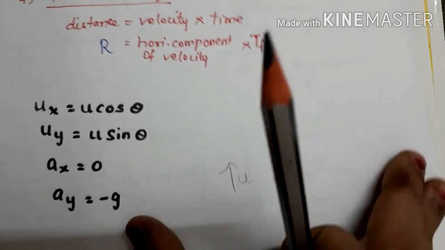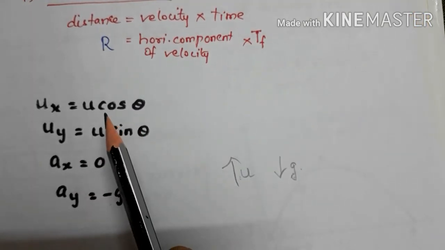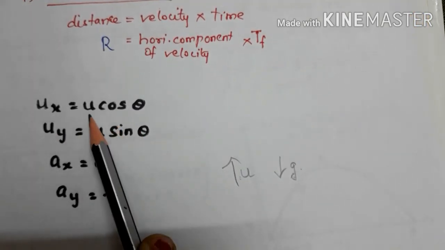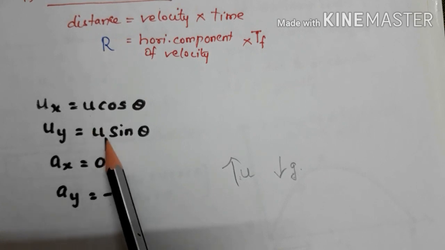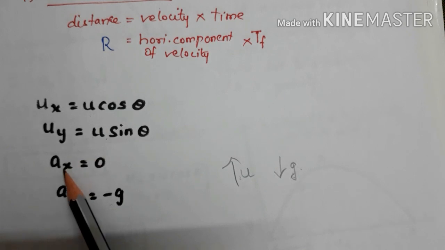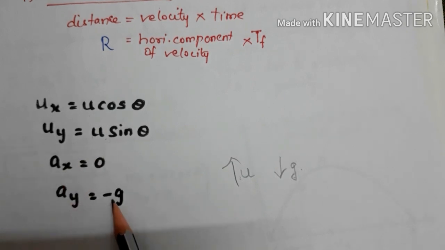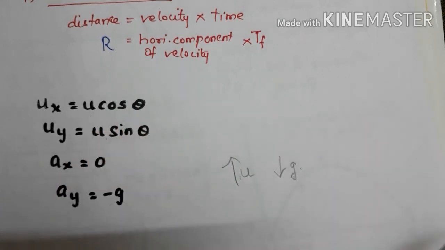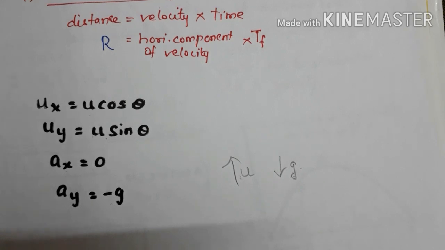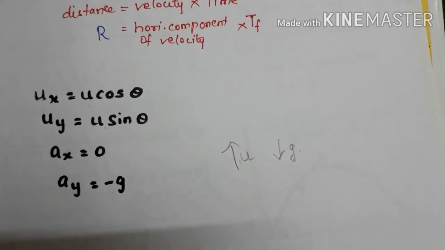After that you should also be clear with this: the horizontal component of velocity, the vertical component of velocity, and the acceleration along the x-axis is 0 and the acceleration along the y-axis is minus g. These 4 things you must remember while deriving this.